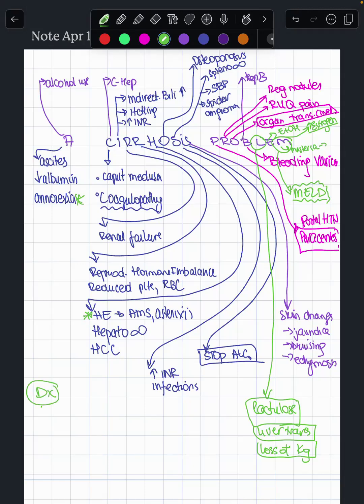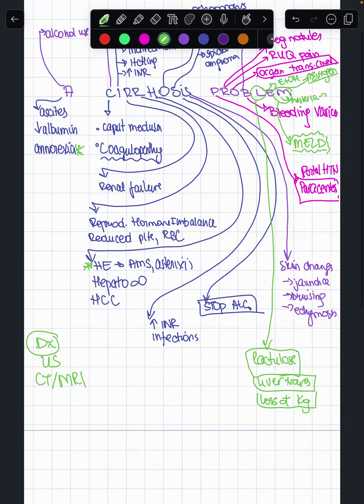Okay. So now, just to address some diagnostic things. For diagnosis, we'll use ultrasound with Doppler, and that will show us a nodular liver surface. We may see splenomegaly and ascites. Then we also want to do CT or MRI, which will be helpful to see structural changes, varices, and nodularity, and that's very helpful in portal hypertension and screening for hepatocellular carcinoma.